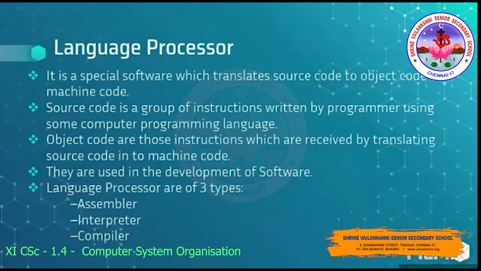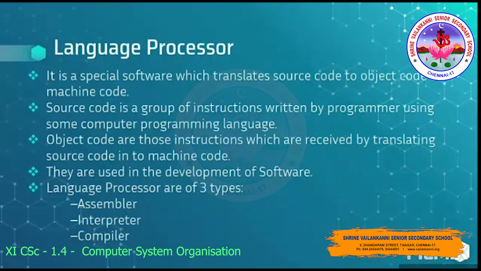Now about the language processor. The language processor is a type of computer software that can translate the source code into an object code or machine code. Here you should know the meaning of the terms source code and object code.